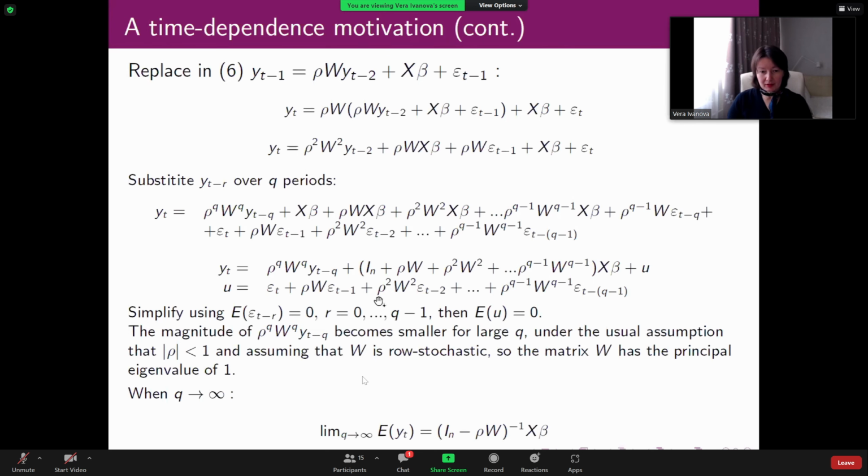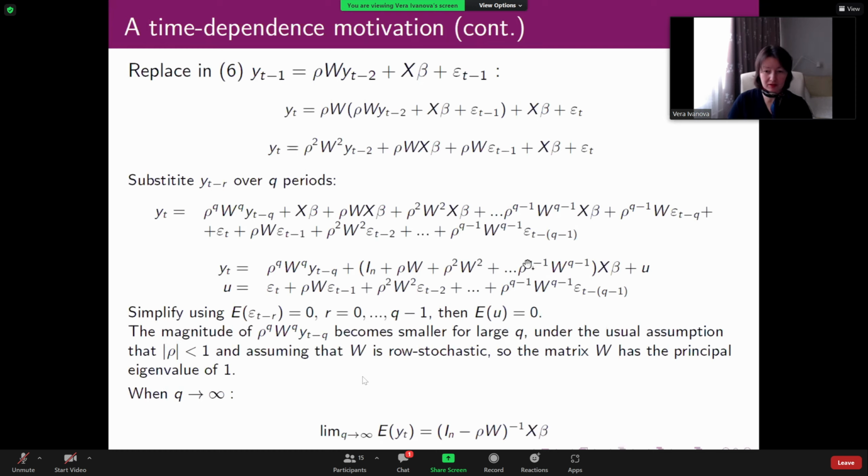After that, we use that the expected value for epsilon is 0. Then we will get that the expected value for u is 0. Also, we can use this term as a geometric progression.